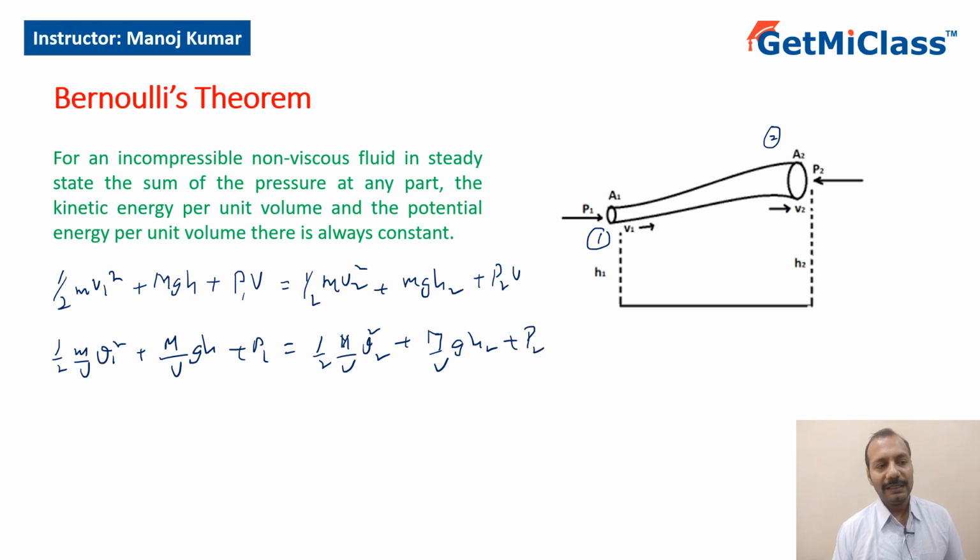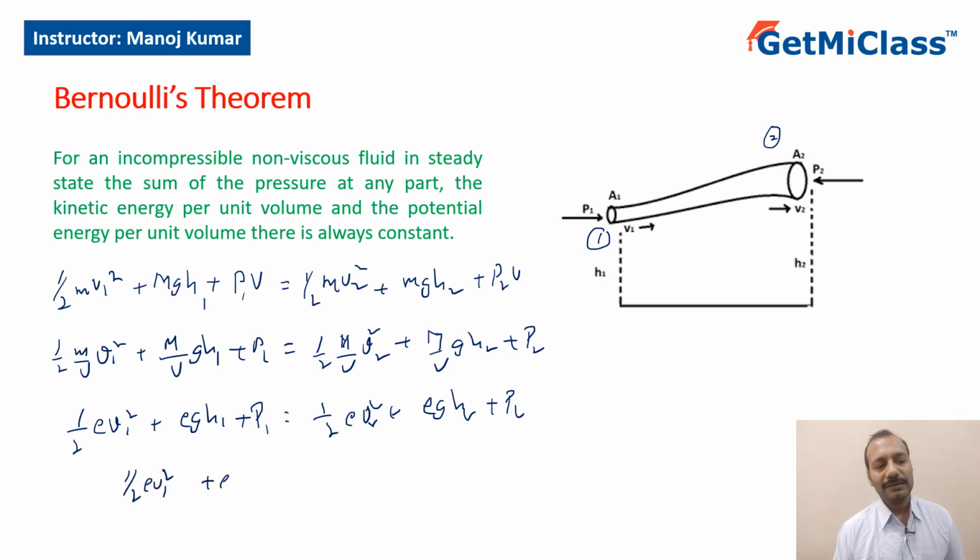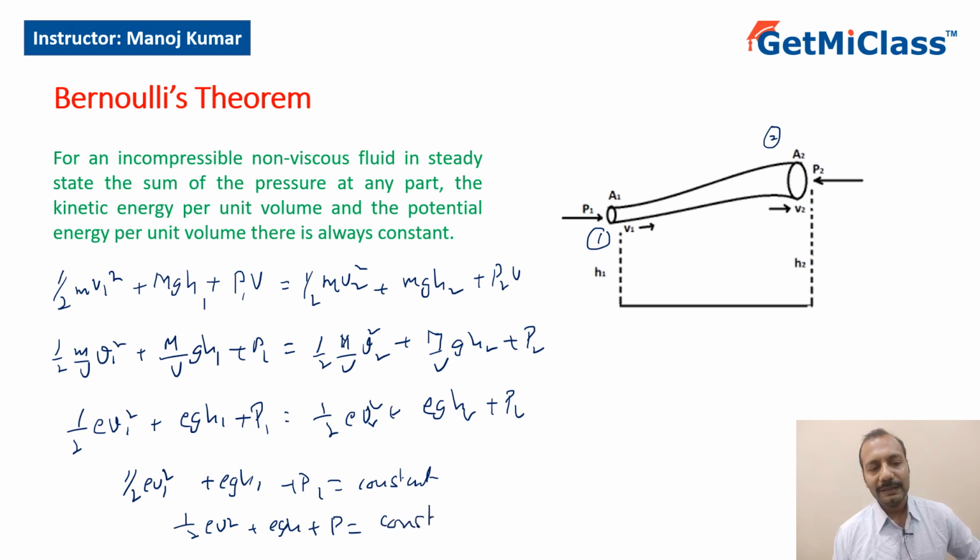Now m by v is density, so that can be written as half rho v1 square plus rho g h1 plus P1 equal to half rho v2 square plus rho g h2 plus P2, or I can say half rho v1 square plus rho g h1 plus P1 equal to constant. When it's a constant, I don't need the suffixes 1 and 2. I can directly write it as half rho v square plus rho g h plus P equal to constant, right?